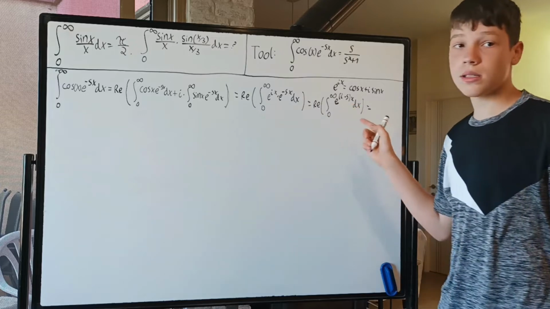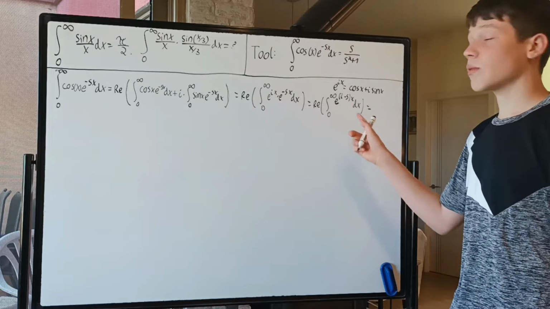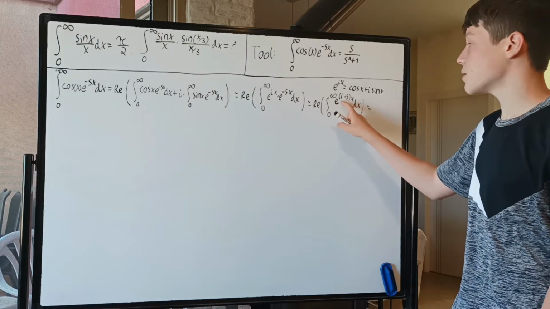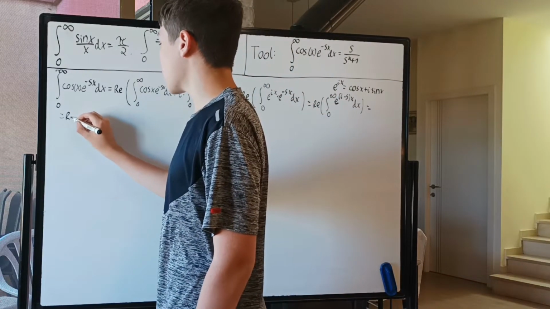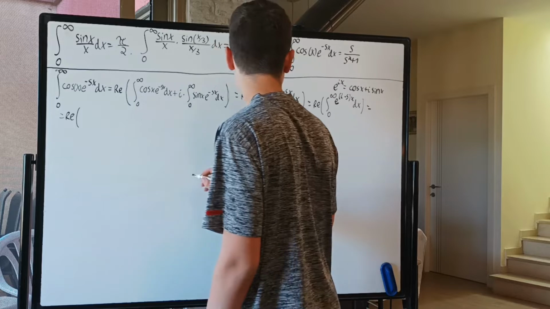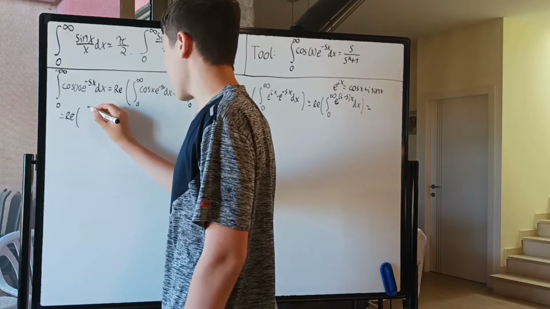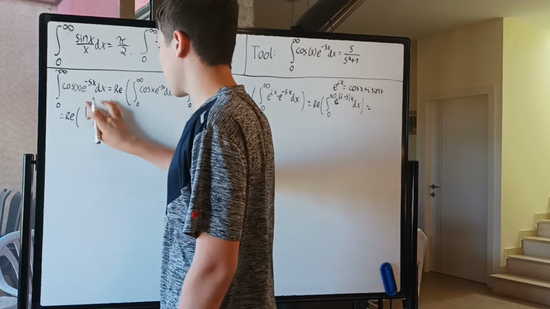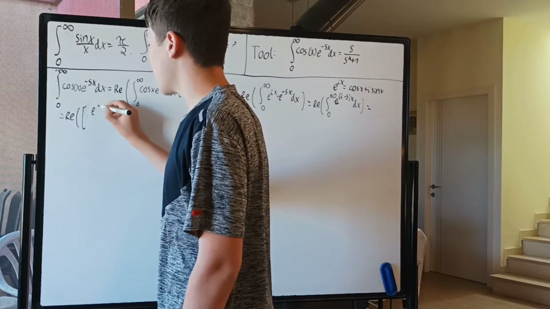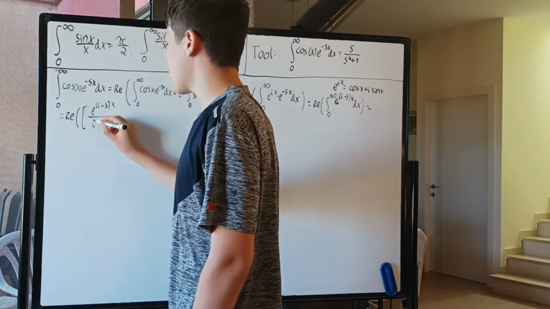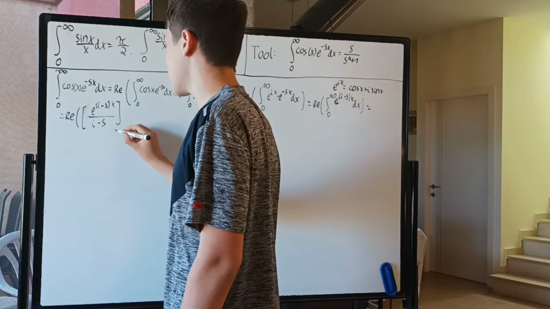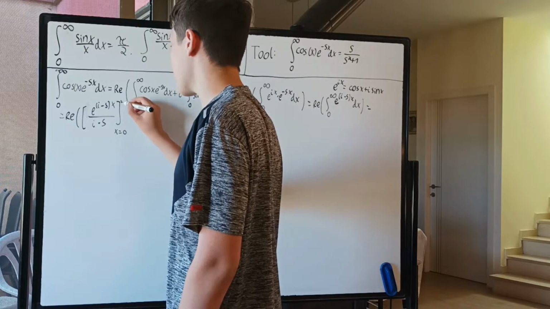Now e to some constant times x, if we integrate that, it's going to be the same thing but divided by this constant. This is going to be the real part of e to the (i minus s)x divided by (i minus s), going from 0 to infinity.